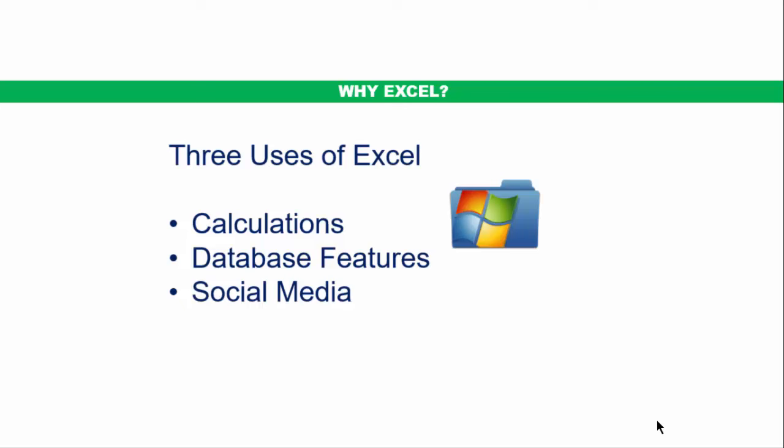There's several uses of Excel if you're a real estate agent, and one would be calculations if you're doing any kind of rent versus buy, or maybe you have two offers and you want to look at the best offer, you want to look at the numbers. You can use Excel for calculations. The focus area in today's webinar will be on the database features of Excel, but there are other uses as well.